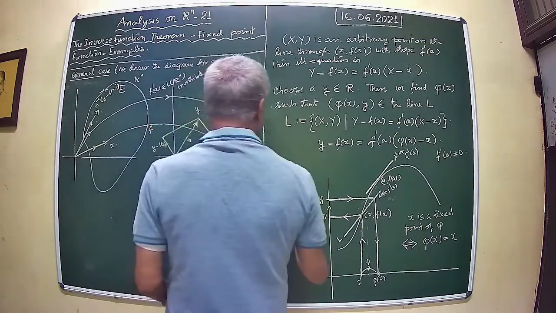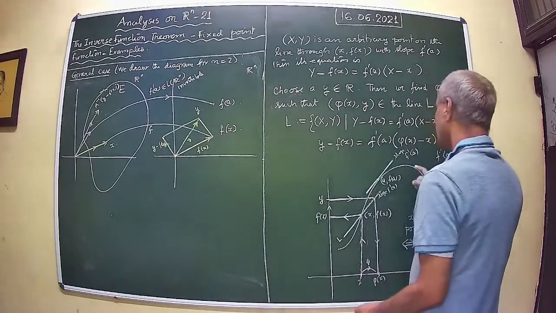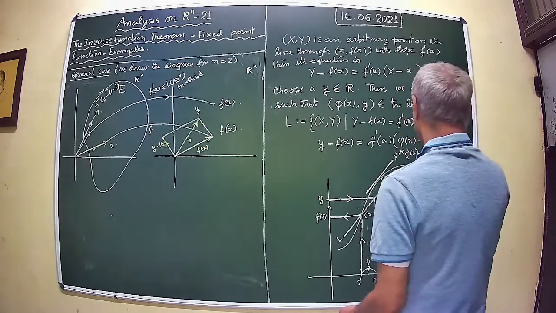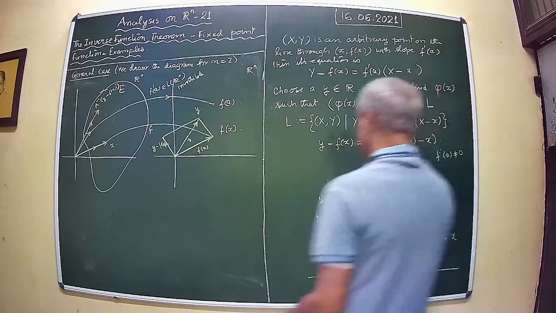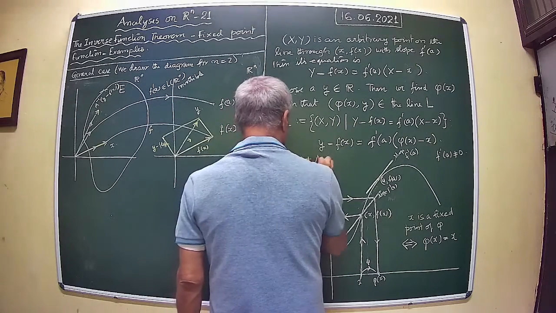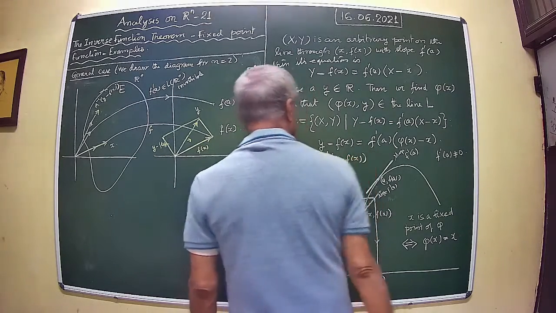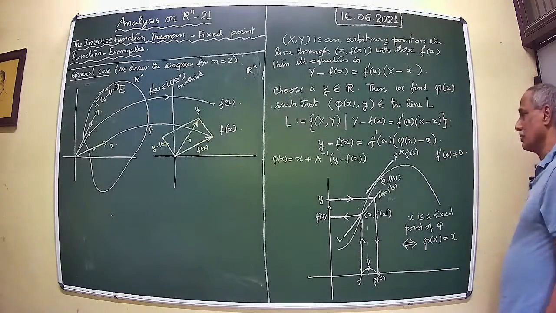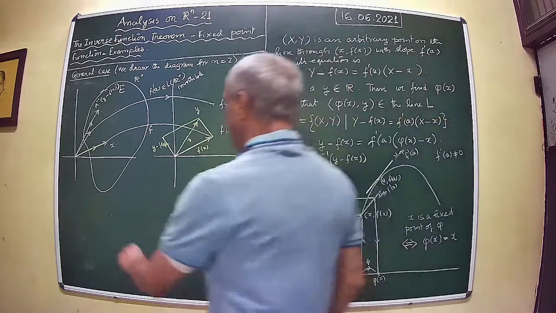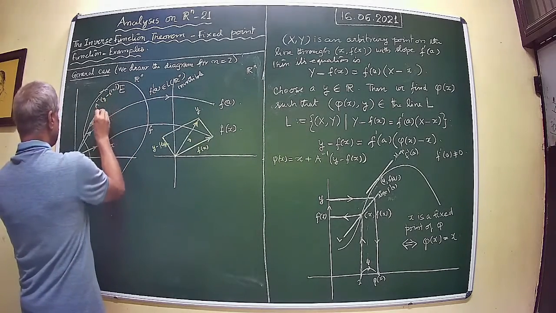If you look at the earlier definition, phi x is equal to x plus A inverse of y minus fx. So what is it? Complete the parallelogram.